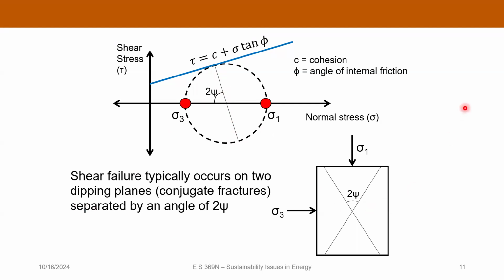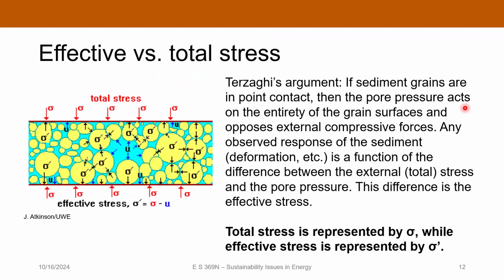Okay, now this is all very good. Now, how do we avoid having shear failure? Well, we have to know something about what the stress is in the subsurface while we're drilling, the stresses around the borehole. Okay, so there's this concept called effective stress. And this was really put together by Carl von Terzaghi back in the 1920s.